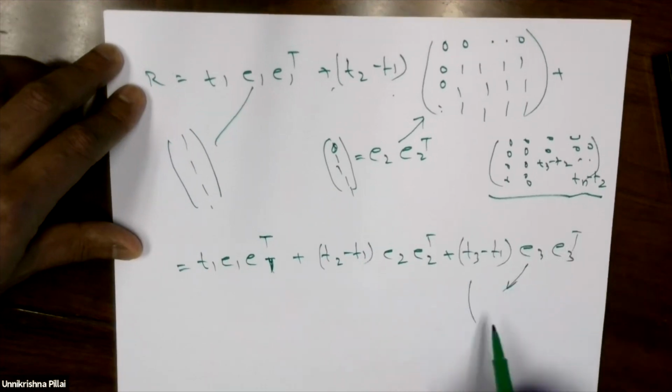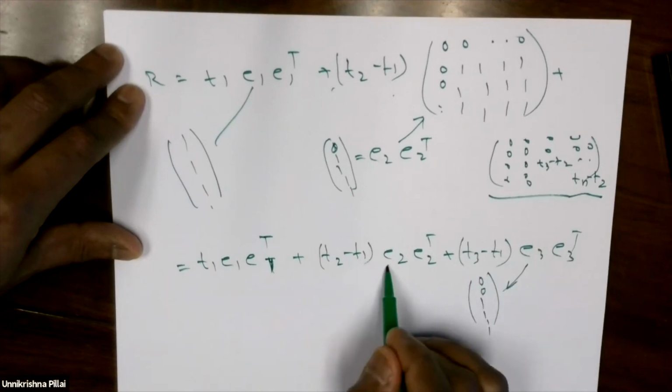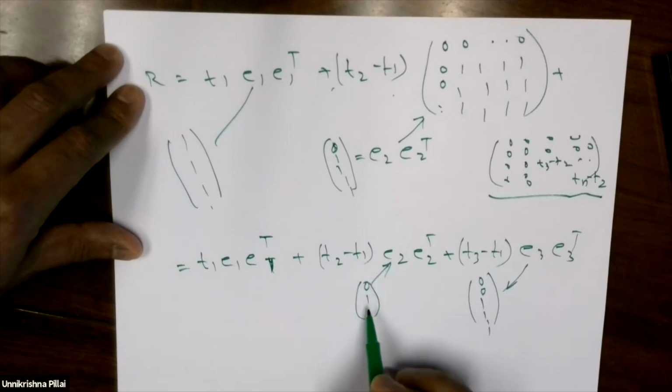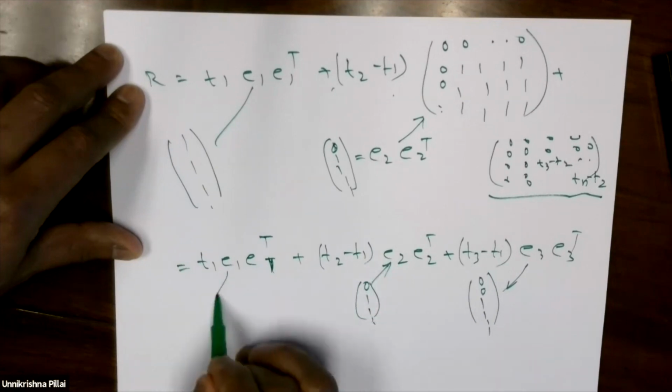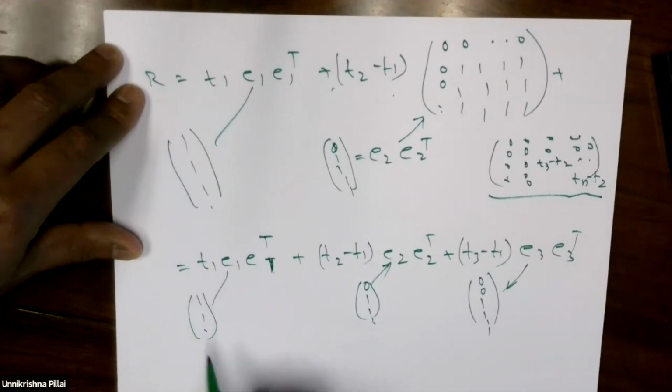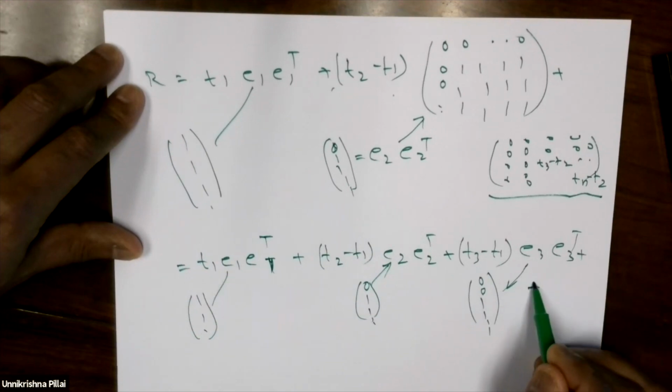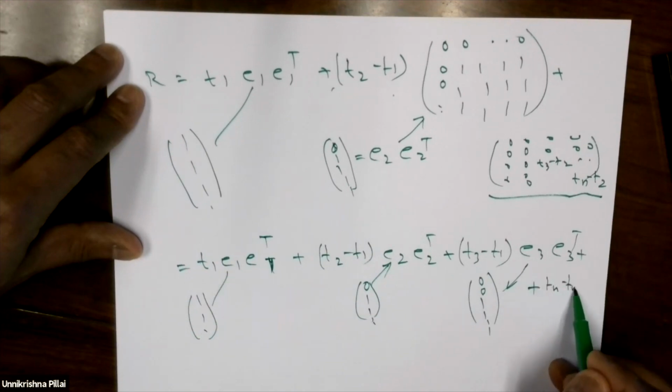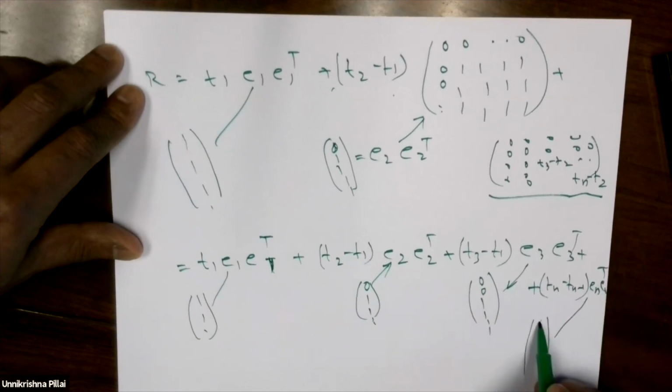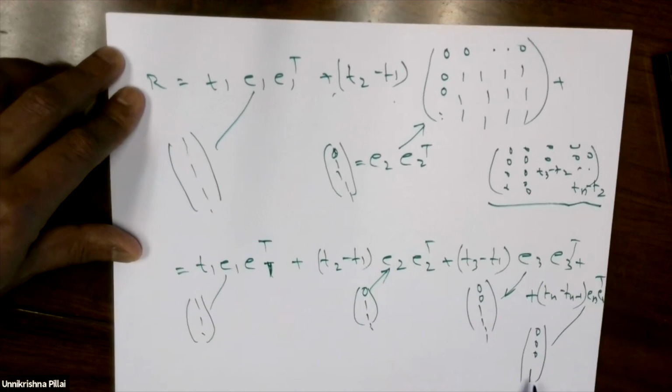E3 will be, you can see the same pattern, 0 0 1 1 1 1 etc. E2 was 0 1 1 1, and E1 was all ones. And plus etc. The last entry will be Tn minus T(n-1) multiplied by En En transpose. En will be all zeros except 1 at the bottom.